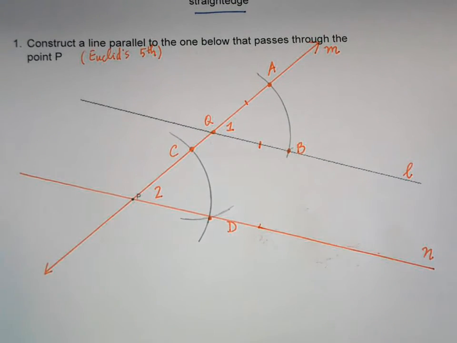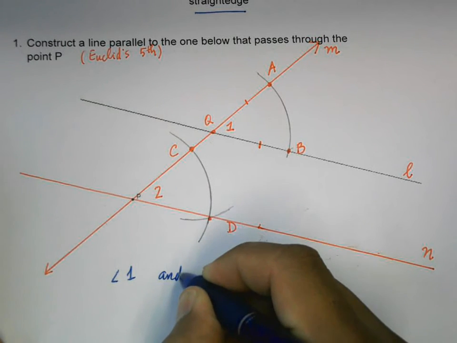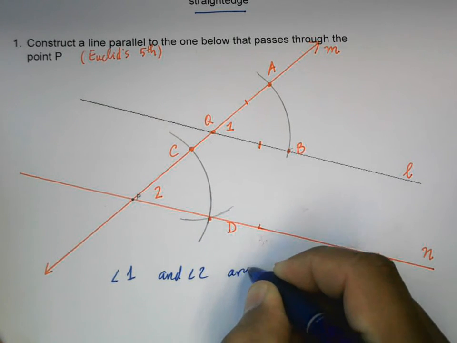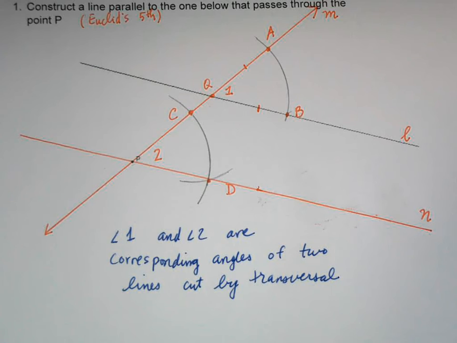Now, we can say a few important things. Angle 1 and angle 2 are corresponding angles that result from two lines cut by a transversal.